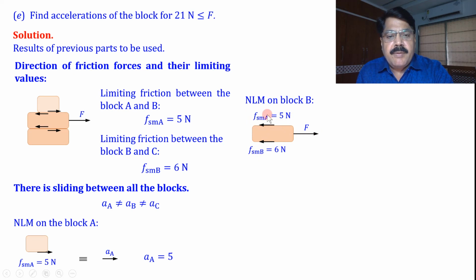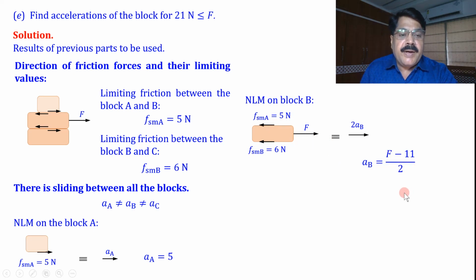Of course they are kinetic friction, but their value is equal to limiting friction. So equal to mass into acceleration, 2 a_B. So a_B is equal to (F minus 11) by 2, or you can say F by 2 minus 5.5.